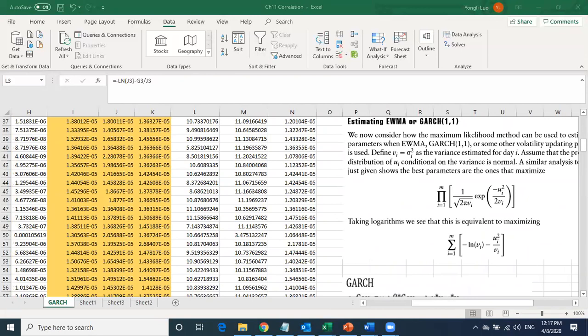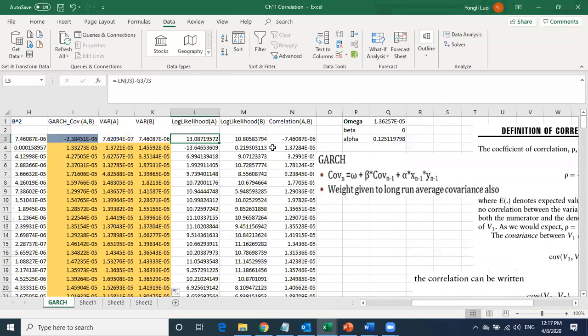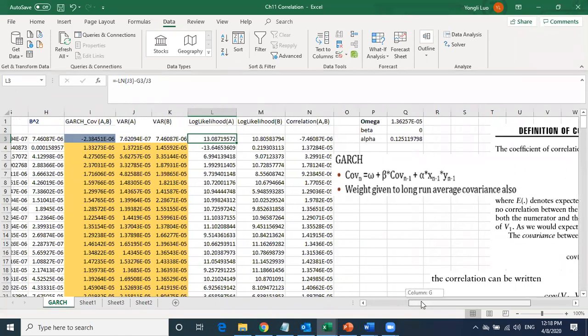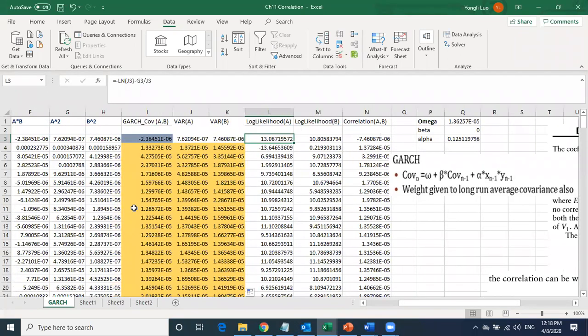This is the long run variance J3, and G3 is the squared return divided by the long run variance. So this is your log likelihood.